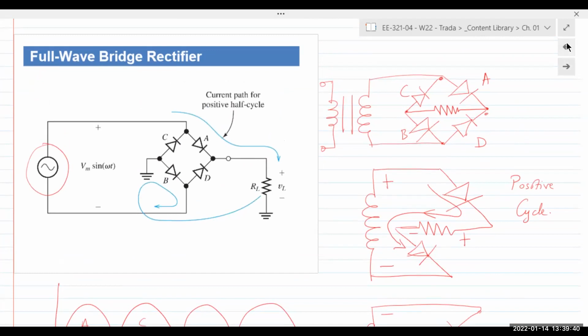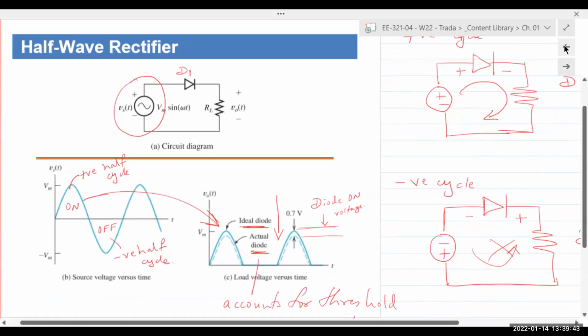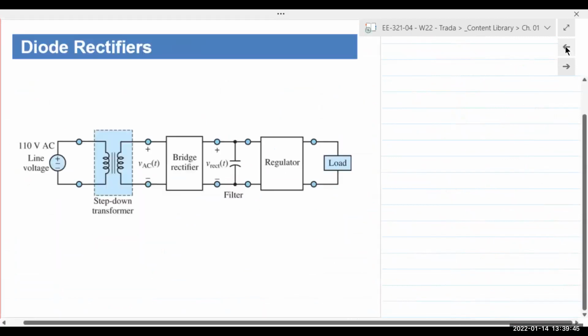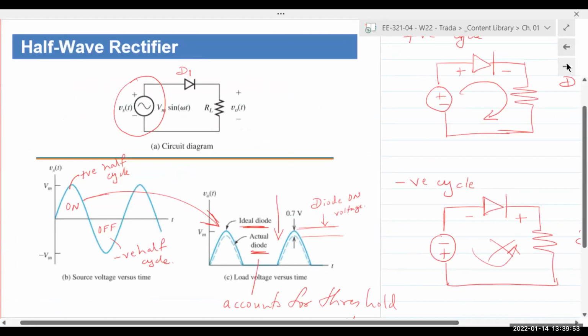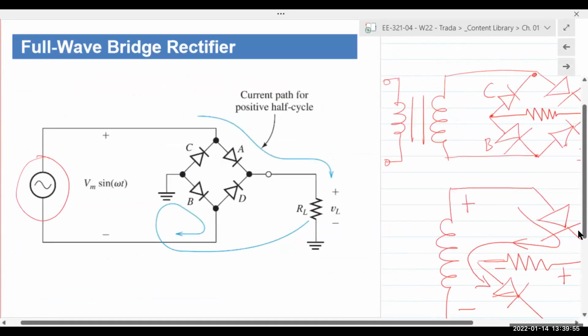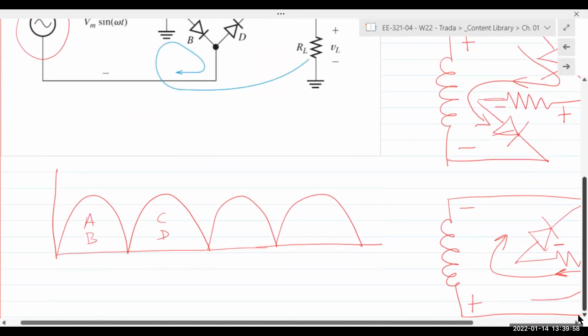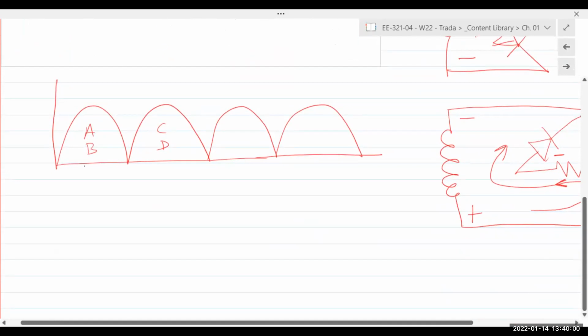Let's see, where's the diagram? Right there, 0.637. Right, so the average value of a full wave rectifier is 0.637 times VM.